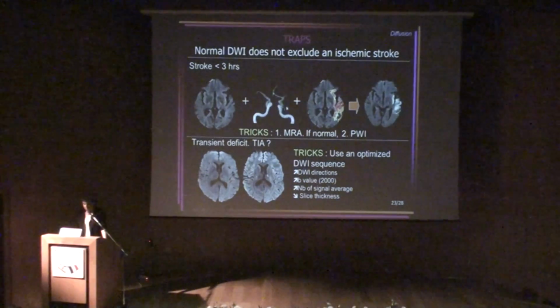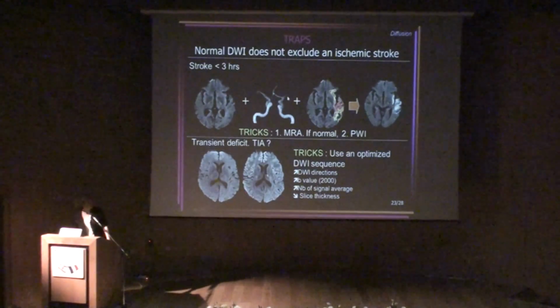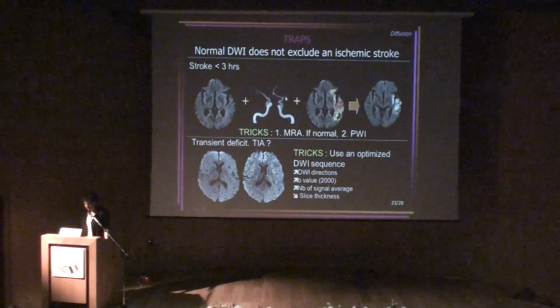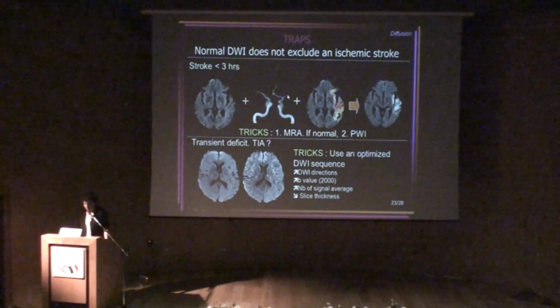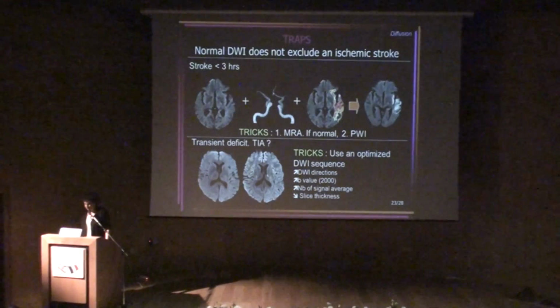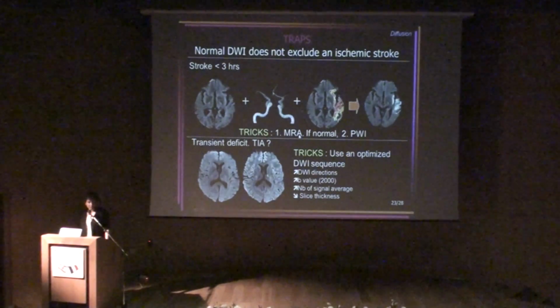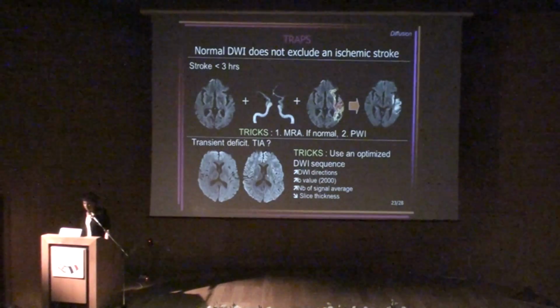The MR angiography is not very contributive. You can wonder if there is, I don't know what you see on the screen, maybe a doubt about this MCA on the left side, but nothing is sure. So the solution here is you run the MRI angiography. If you have an arterial occlusion, then you have the answer.